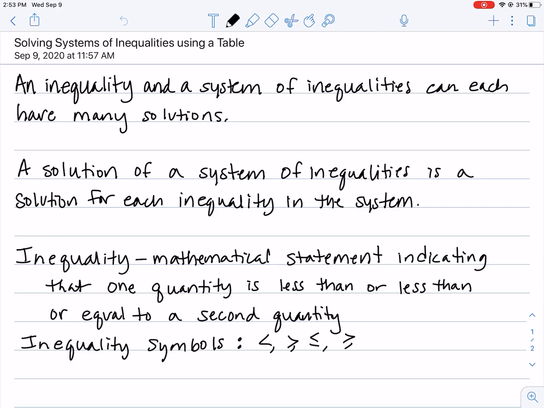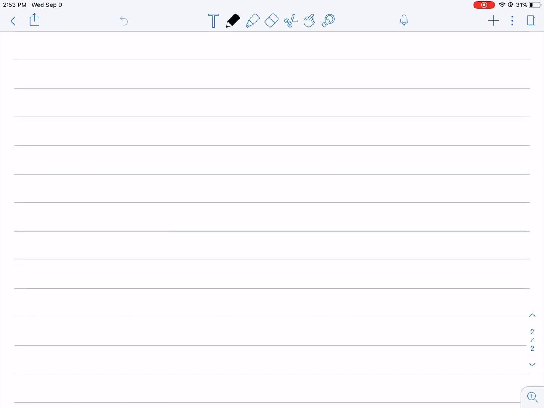Again, notice those inequality symbols. That's how you know you've got an inequality. It's a mathematical statement that has a less than, greater than, less than or equal to, or greater than or equal to. So let's jump into solving a system using a table.